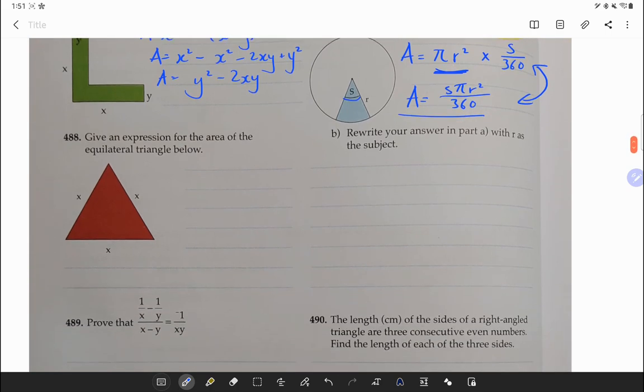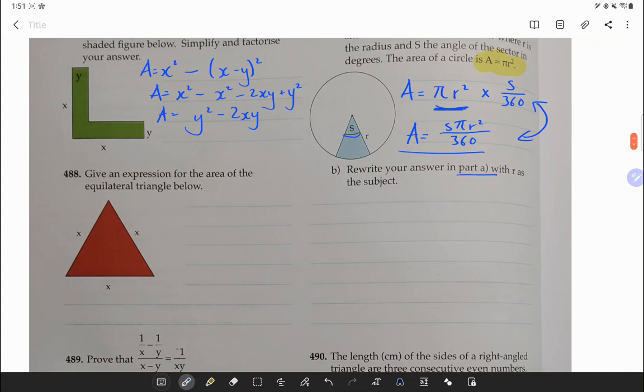Moving on. B. Rewrite your answer in part A, which is cool, that one, with r as the subject. All right, let's move that along. Starting from this one, I'm going to times it by 360, so 360A equals s pi r squared. I'm going to divide both sides by s times pi, by s pi.